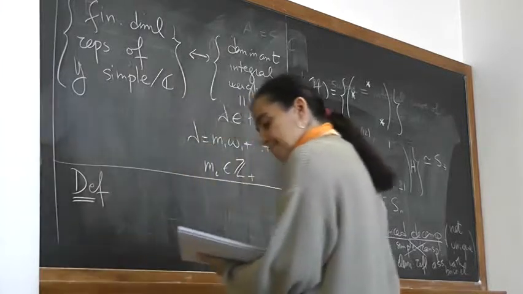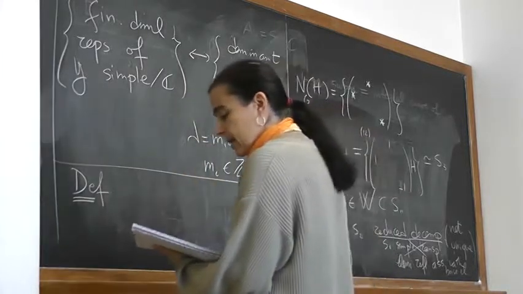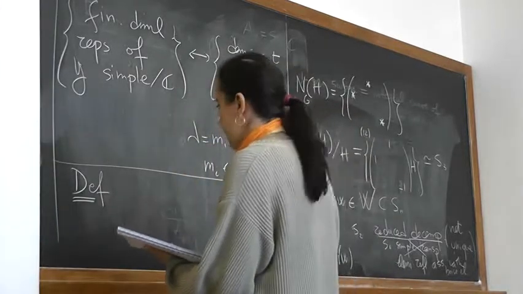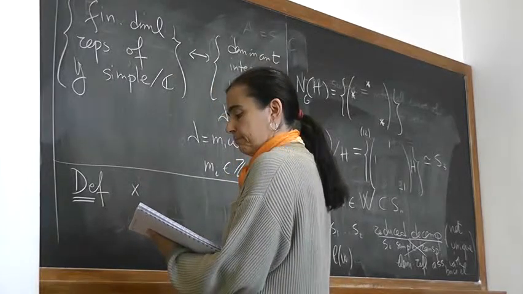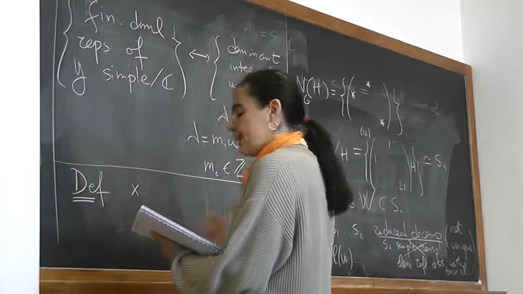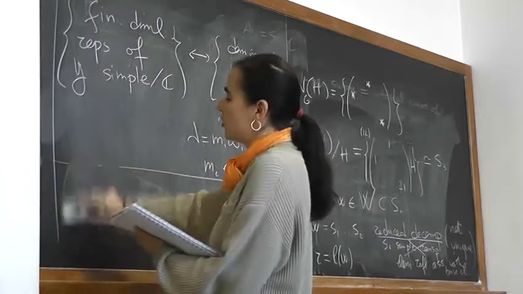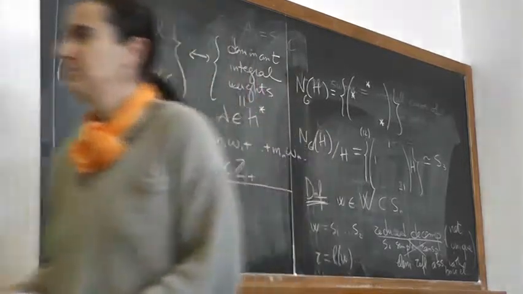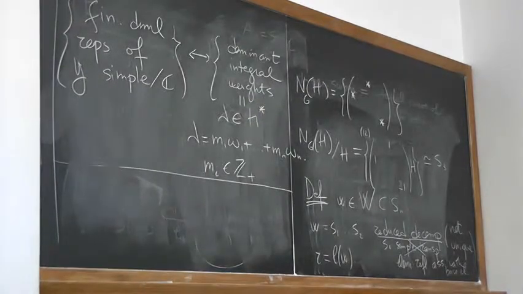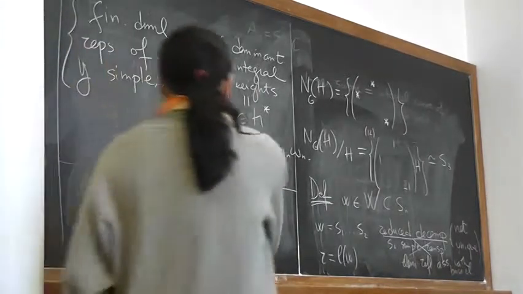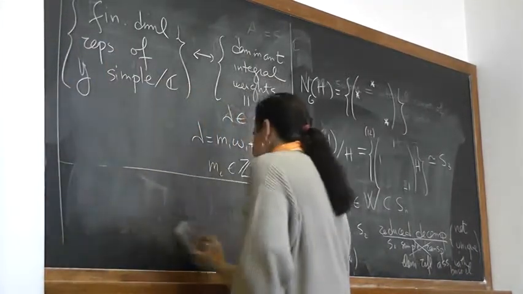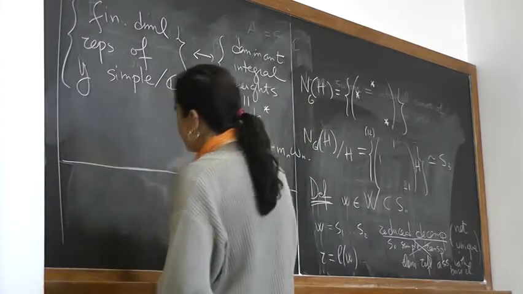So he says, let us consider x in, porca miseria, we need it now. We need the big cell of G. We still need one piece more of information.